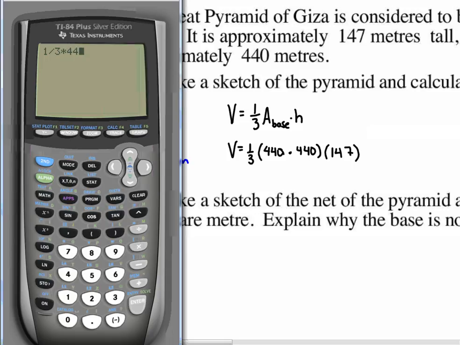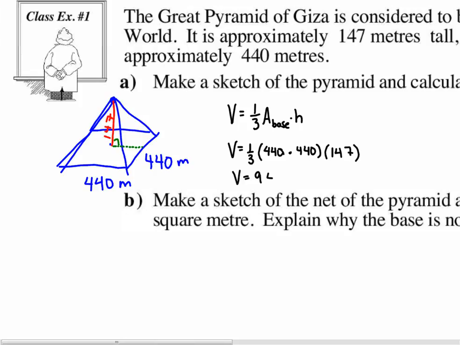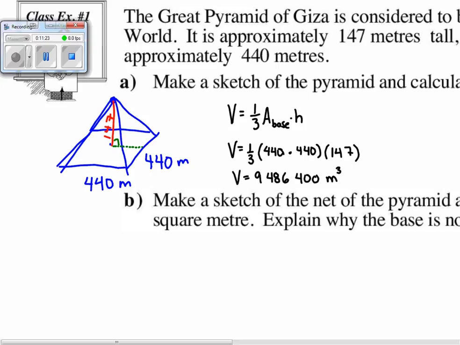Times 440 times 440, length times width times height. It's big. 9,486,400 meters cubed.